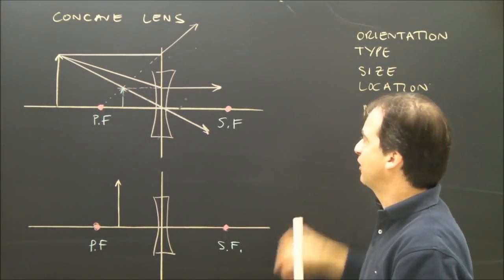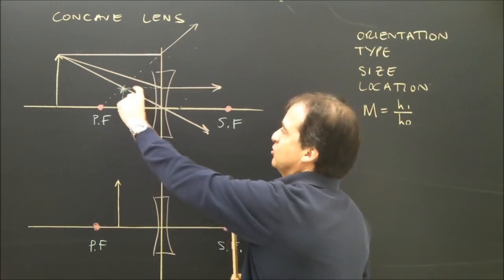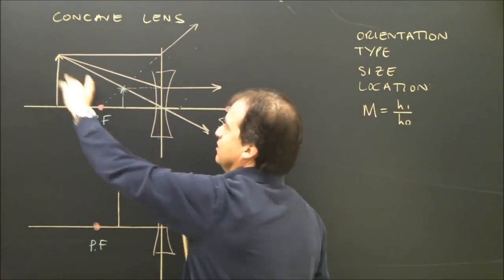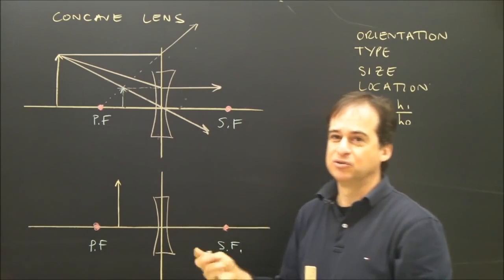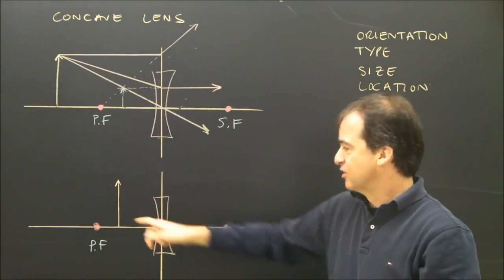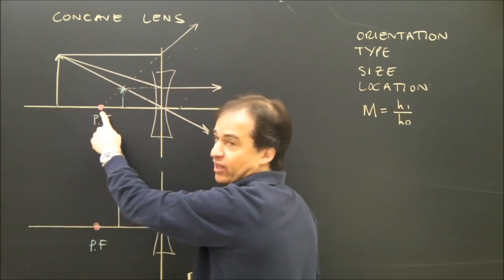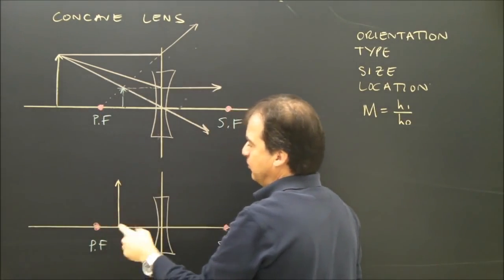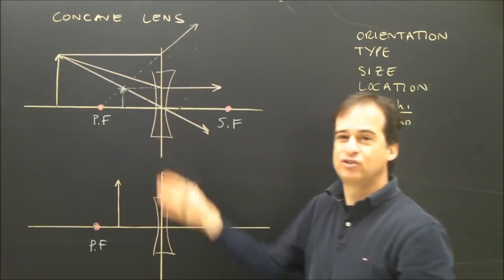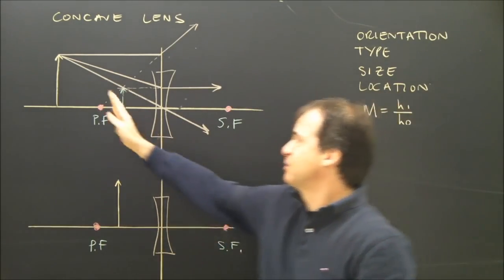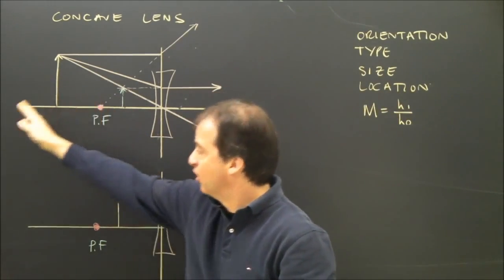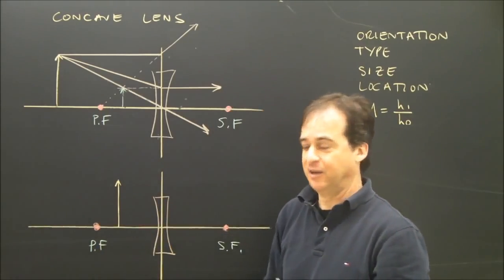And the magnification, height of image over height of object, is going to be smaller, so it's less than 1. So let's try with this. One possibility is the object's beyond the focal length or primary focus, and one possibility is it's closer. These are the only two diagrams you'll ever draw. This might be somewhere slightly different, but it's beyond that, or it's between the lens and that.